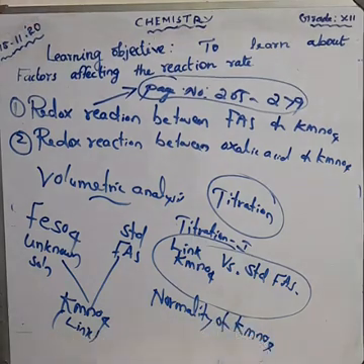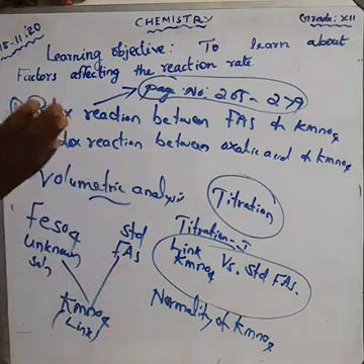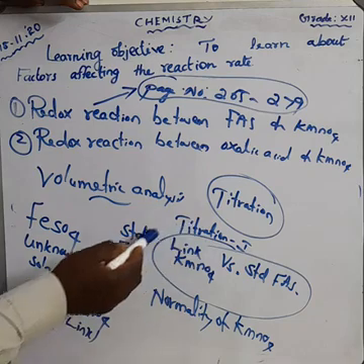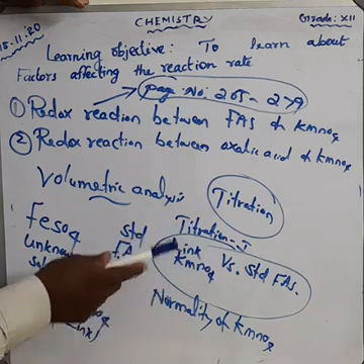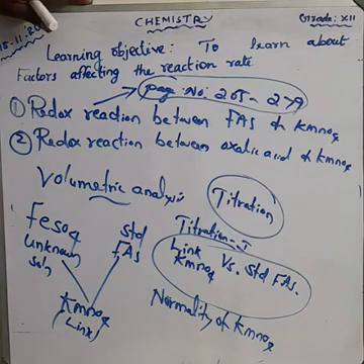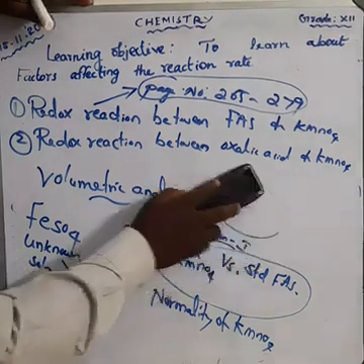For this practical, first of all we should learn which one is the burette solution and which one is the pipette solution. For all the practicals, the burette solution is KMnO4, potassium permanganate.